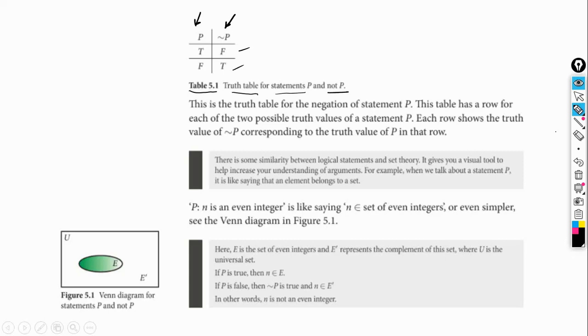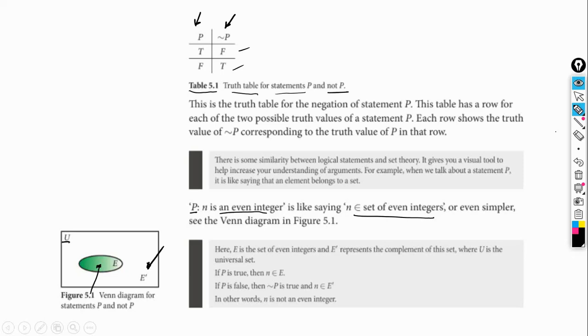There's some similarity between logical statements and set theory. We could use as an example this statement P: n is an even integer. So that means that n belongs to the set of even integers. Or you can see it in the Venn diagram. So here we can see E, which is the set of even integers, and the complement of E, which is the set of numbers that are not even integers.